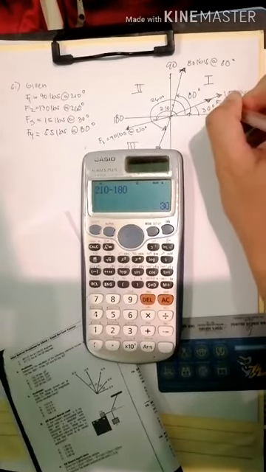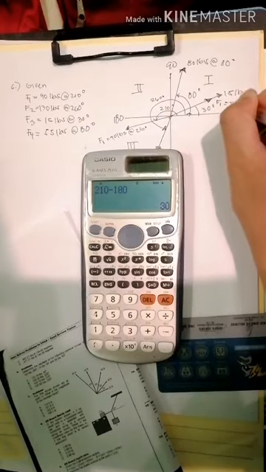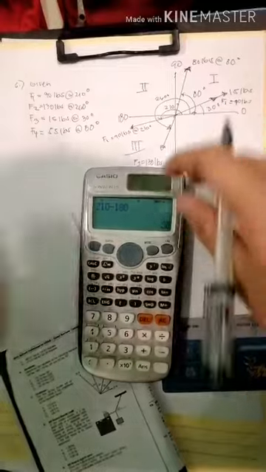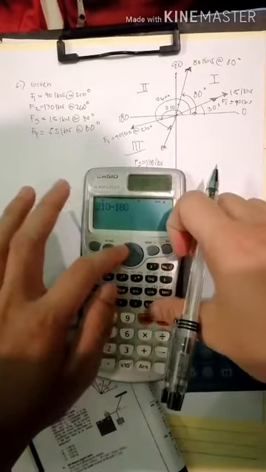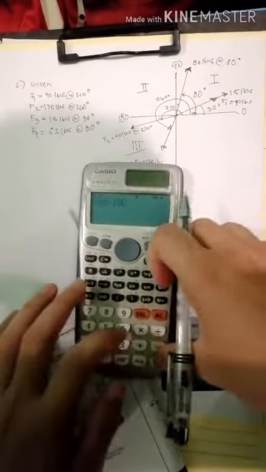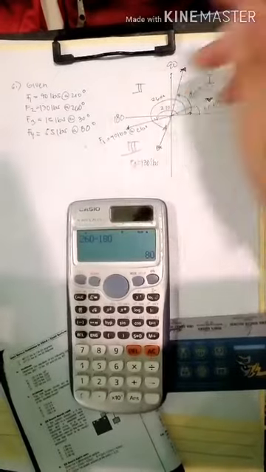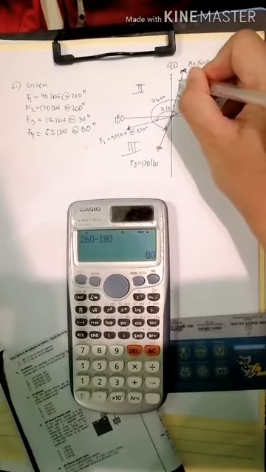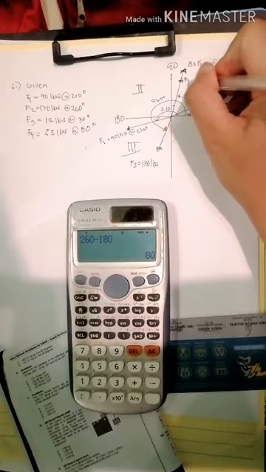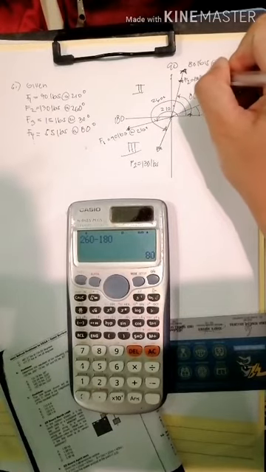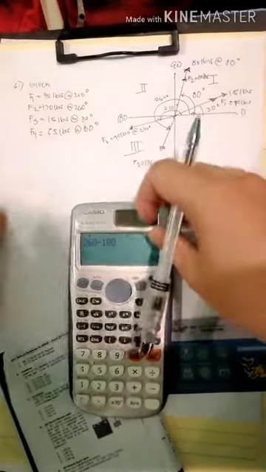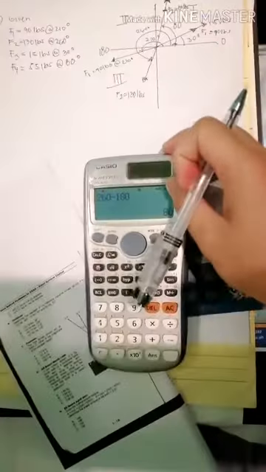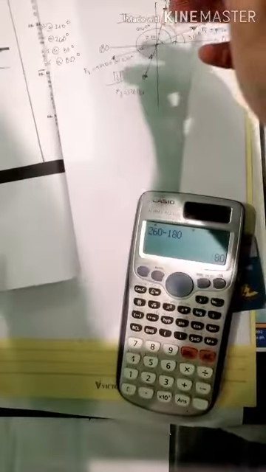F1 equals to 90 pounds. Tapos, yung force 2, 260 minus 180. So, pwede din natin siyang ilagay dito. F2 is equals to 130 pounds.